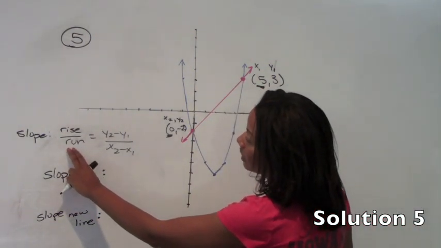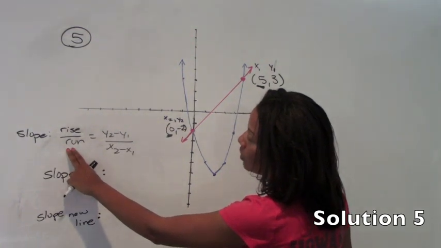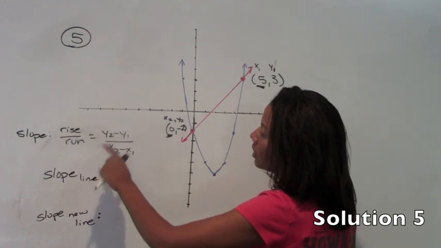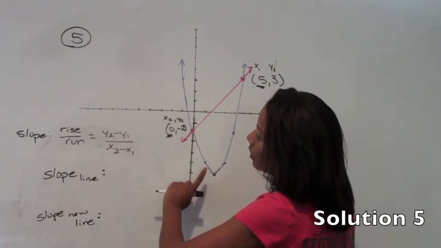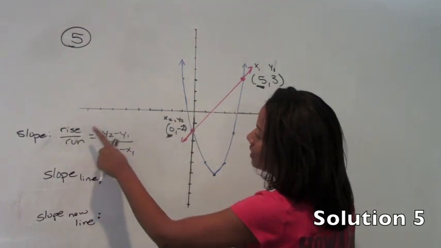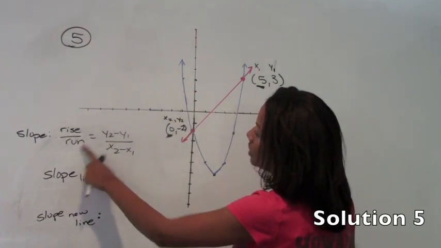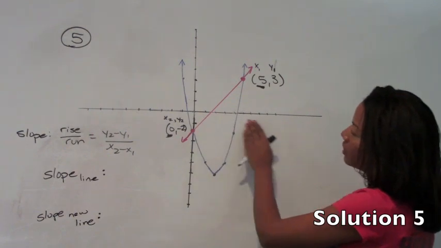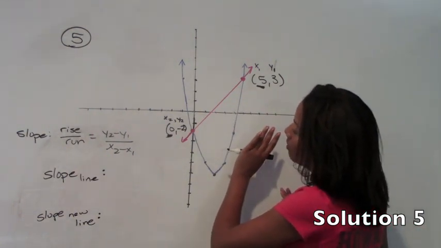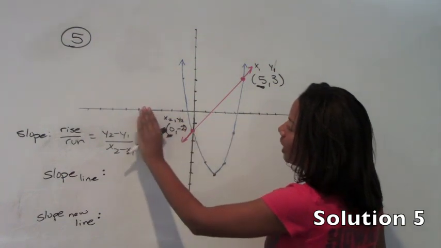Since the line is graphed, we can count the rise over the run. The rise is how far up or down you're going, and your run is how far left or right you're going. So if you're going up, your rise is positive. If you're going down, your rise is negative. If you're going to the right, your run is positive, so it follows along the positive side of the x-axis. And if your run is negative, you're going to the left.